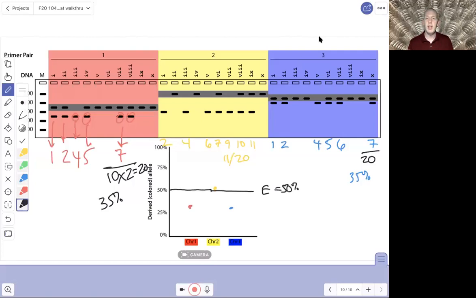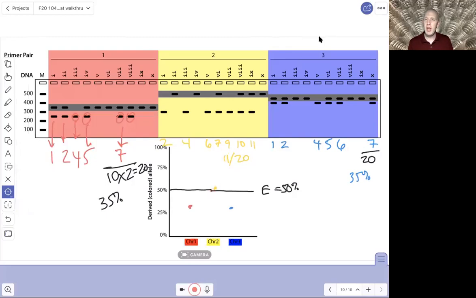We should see half yellow, half gray, or half red, half gray, or half blue, half gray, depending on which of the 3 chromosomes we're looking at. Chromosome 1, chromosome 2, or chromosome 3. So in this case, chromosome 2 has a 55% frequency, which is pretty close to our expectation.